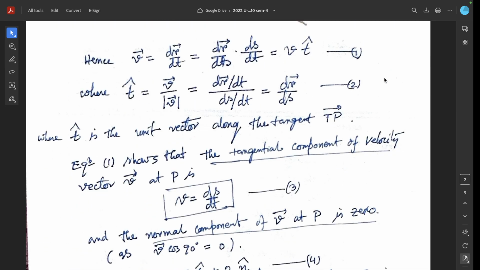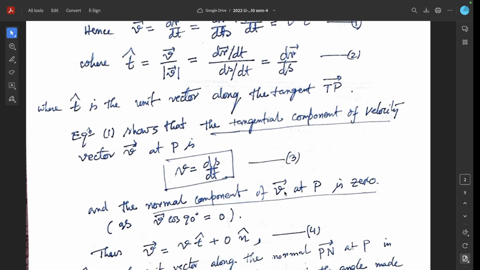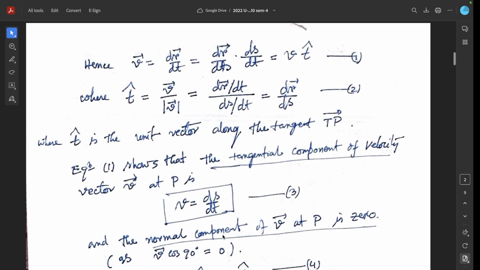The equation 1 shows that the tangential component of the velocity vector v at P equal to v, that is d/dt of s, and the normal component of v vector at P is 0, because this normal component is v vector into cos 90.